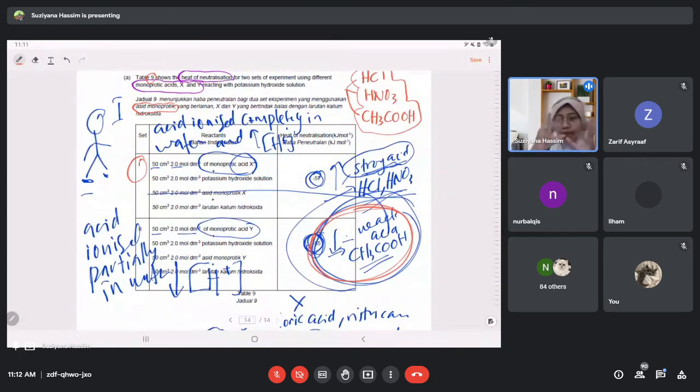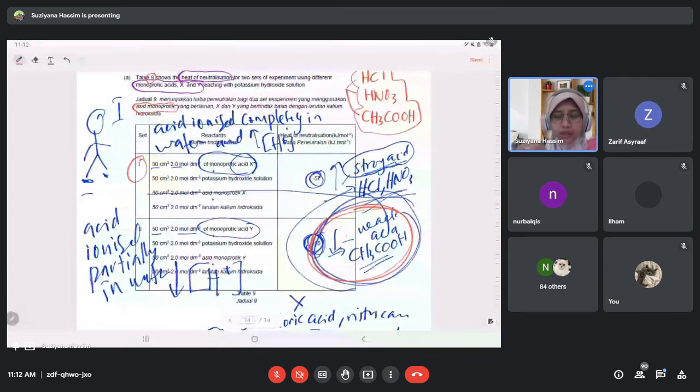For example, teacher shows: say this is heat. This is heat. Okay, ethanoic acid uses some of the heat. See? It uses some of the heat, absorbing some of the heat to complete the ionization. If you have used some of the heat from the surrounding, of course your value will be lower.